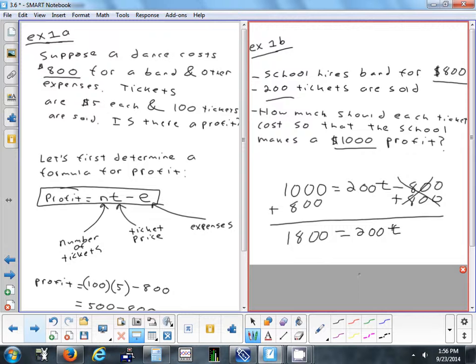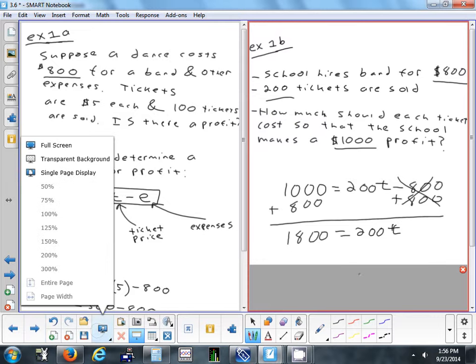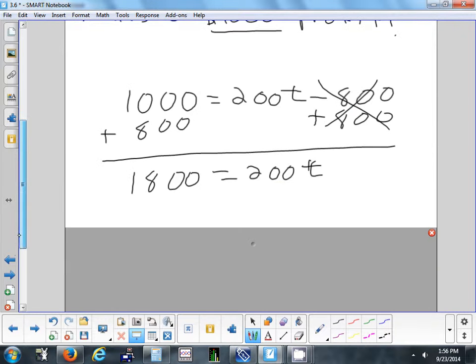And Sam, what's my last step to get rid of this 200? Sorry, let me make it bigger. Okay, so my last step to get rid of that 200? Yep, divide 1,800 by what number? 200.